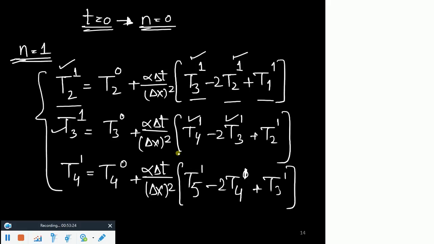Let's say you perform 100 iterations to reach your convergence criteria at n is equal to 1, and at n is equal to 2, you again do the same kind of thing. At n equals 3, you again do the same kind of thing. So at every time level, you don't simply solve everything in one step. You have to go through a number of iterations all the time, at every time level.